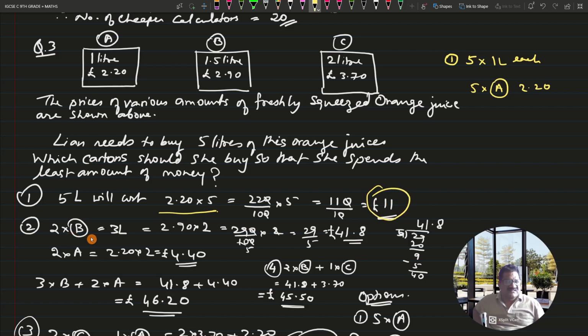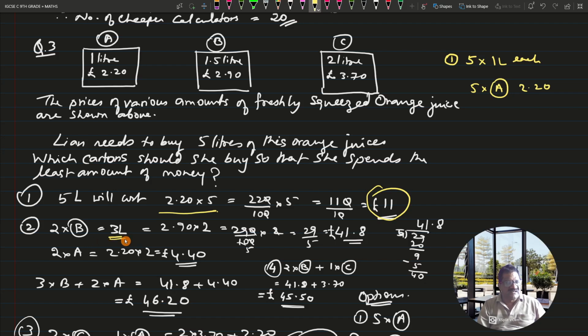Let us see what the second option is. The second option is you can take 2 pouches of B category. B contains orange juice, and one packet contains 1.5 liters. So suppose Leon purchases 2 packs of this. It will be 2 into 1.5, which is 3 liters, isn't it?